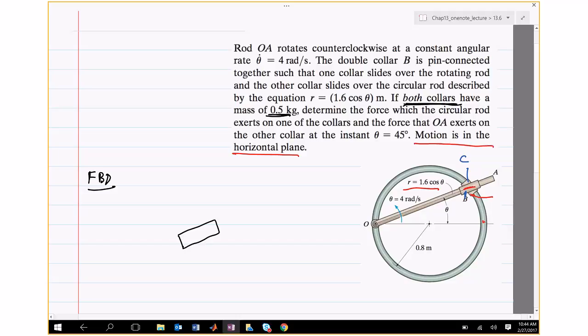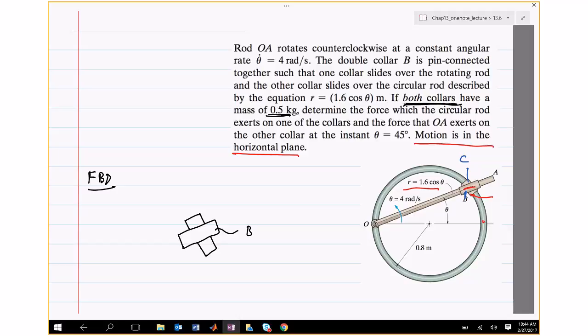This is collar B, this is collar C. Okay, so collar B, this one slides on the rod OA. So when things slide along OA, assuming there's no friction, which it's told there's no friction, the only force acting on the collar is the force which is holding the collar in place.